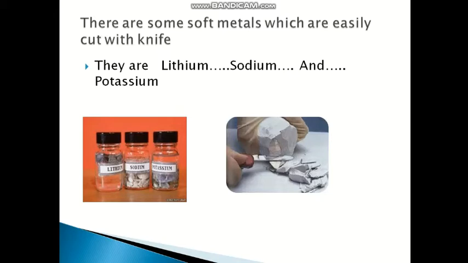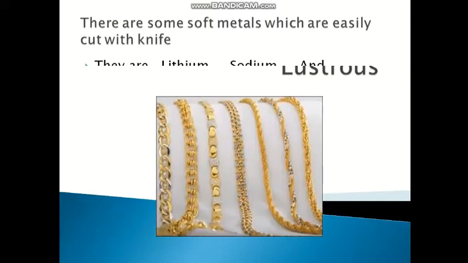Even though metals are hard, you can see some exceptional cases. Here we have metals like lithium, sodium and potassium. They are soft metals. Why are they known as soft metals? Because they can be easily cut by a knife.